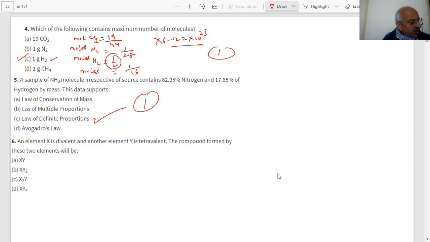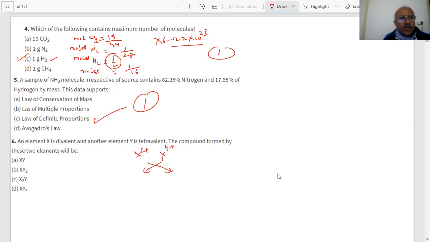That is the correct answer. Next question, students. An element X is divalent and another is tetravalent. The compound formed by these two elements will be, what will be the formula of the compound, students? X is divalent, Y is tetravalent, students. So X, which part?